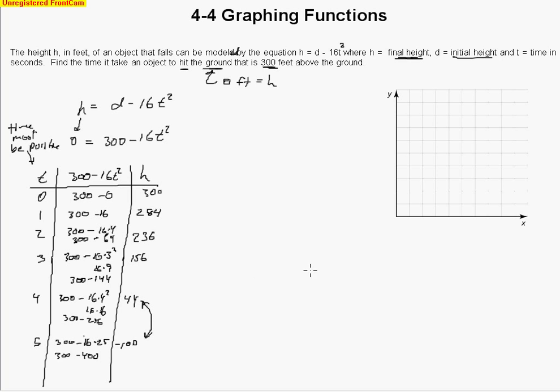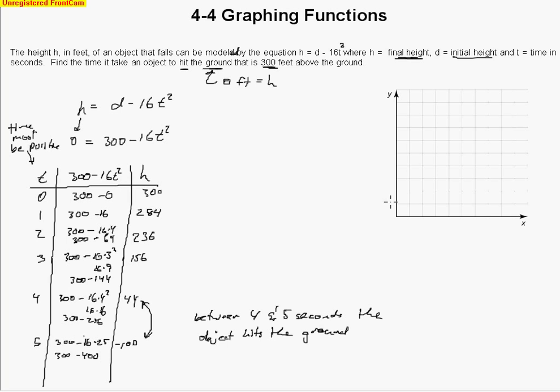So somewhere in between 4 and 5 seconds, the object hits the ground.